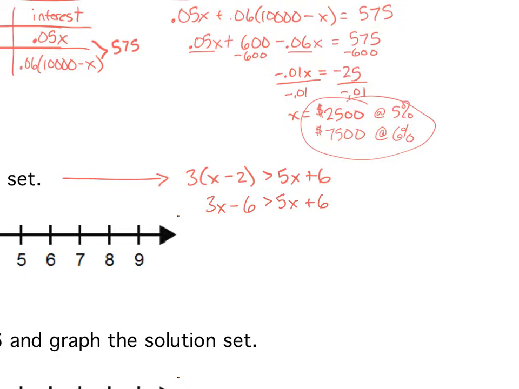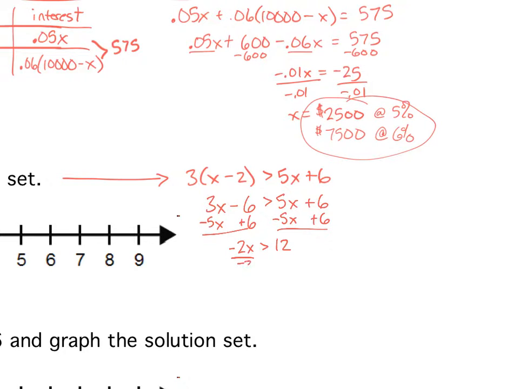And then I'm going to get the x terms over to the left side, so I have to subtract 5x from both sides, and then get the numbers over to the right side, so I'm going to have to add 6 to both sides. That's going to give me a negative 2x on the left side and a 12. 6 plus 6 makes 12 on the right side.